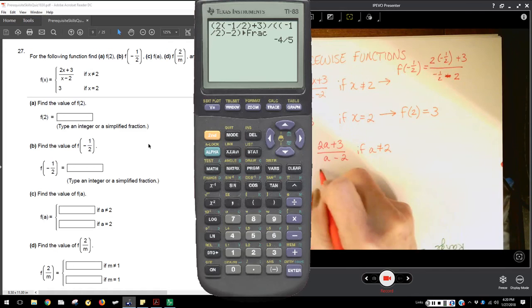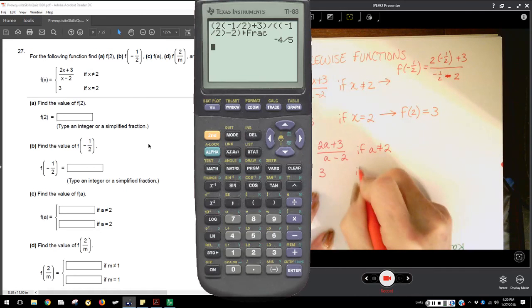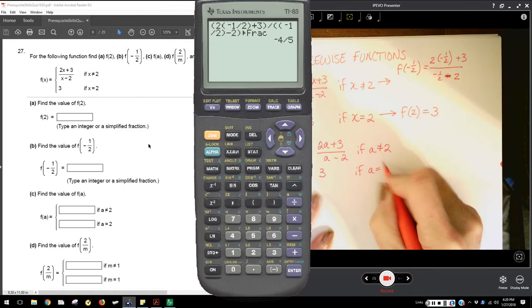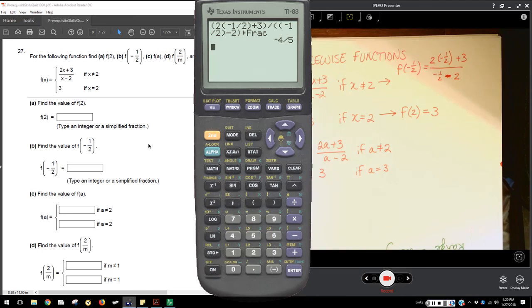If A takes on the value 2, then f of A is 3. It's just a repeat of f of x with A replacing all of the x's. f of 2 over m works the same way.